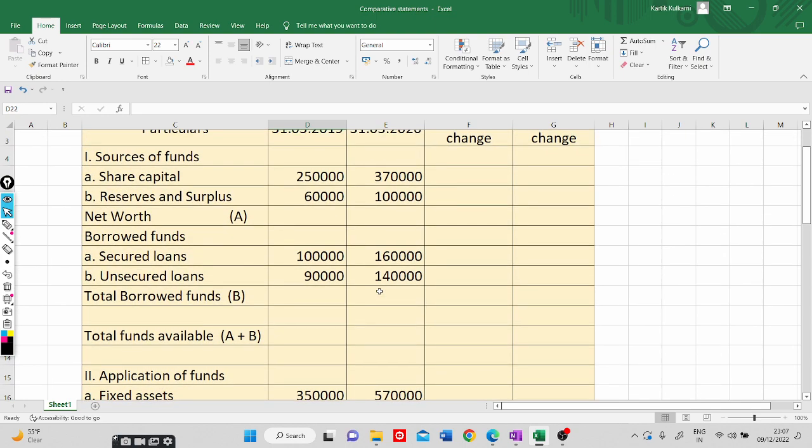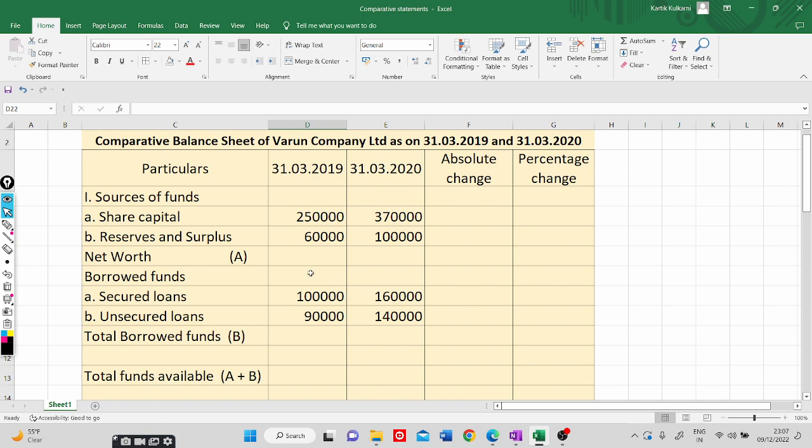Let's take the total. We are getting here the net worth is 3,10,000. The total of both is 3,10,000. Similarly, the total of these two will be 4,70,000.